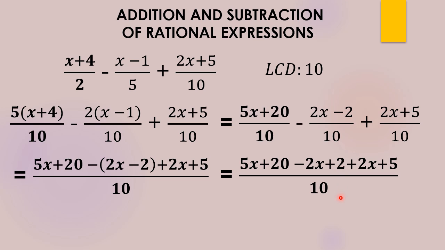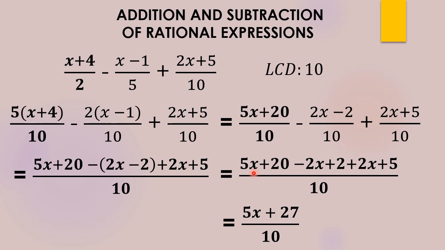And then the next is we combine or we add and subtract all similar terms. The similar terms are 5x minus 2x and plus 2x. So here, as you can see, minus 2x and 2x become 0. Opposite, same terms with opposite signs. The sum is 0.